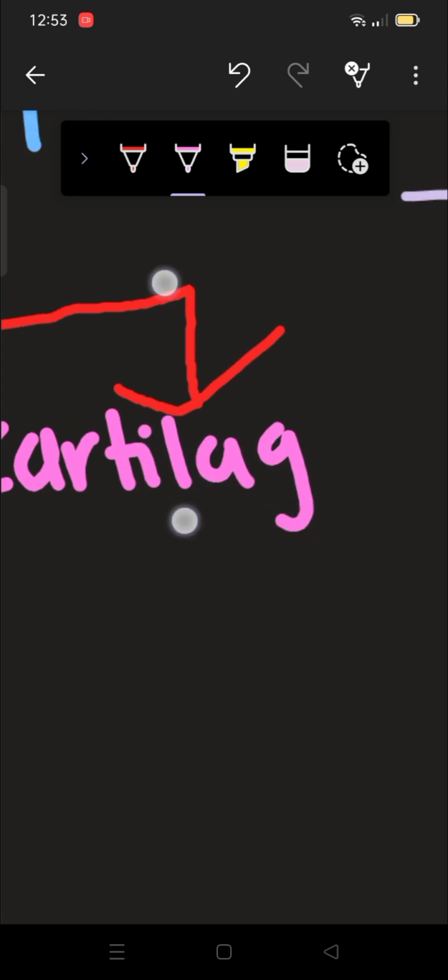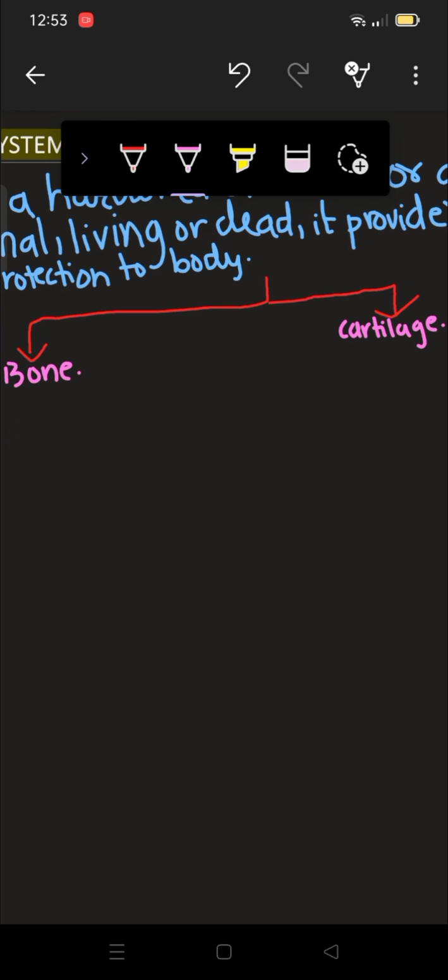The first one is bone, as we will see the structure of bone, and the second one is cartilage. Our human skeletal system is composed of two things, bone as well as cartilage.